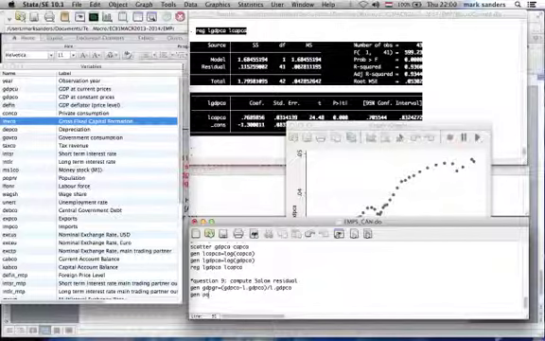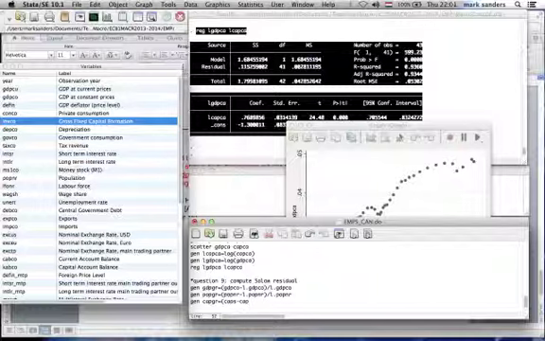Pop growth rate is equal to pop number minus the lag of pop number divided by the lag of pop number, and generate the cap growth rate is equal to, and I think this one's called caps, minus caps.